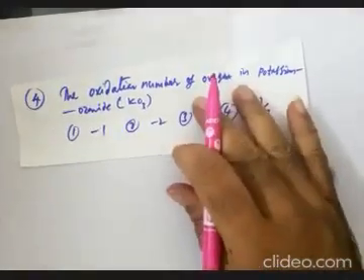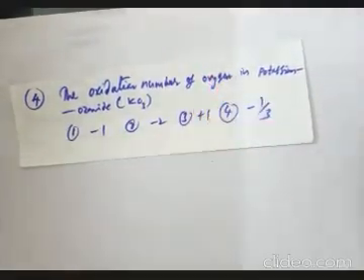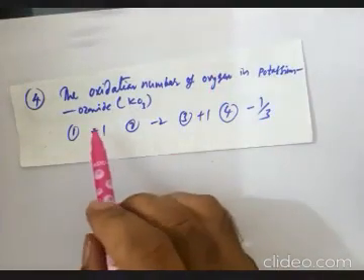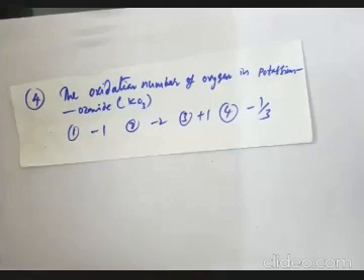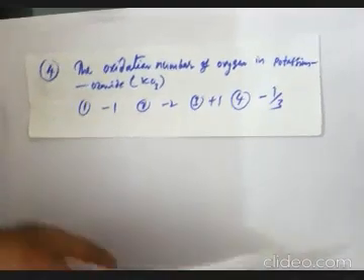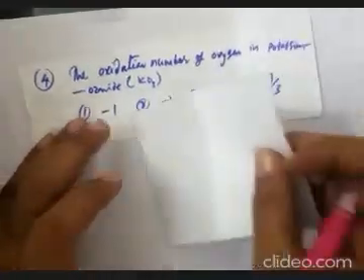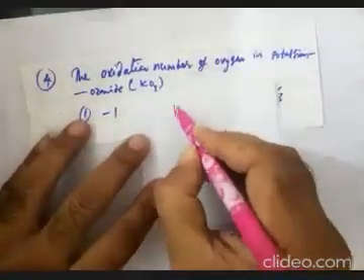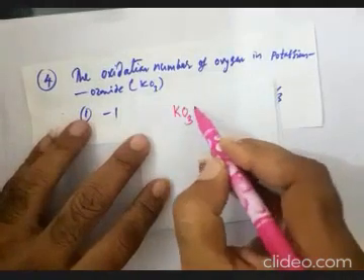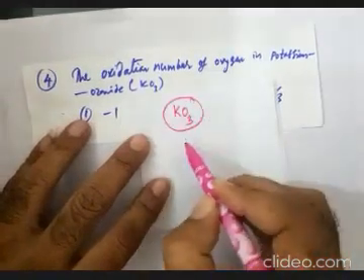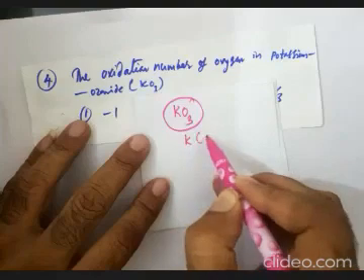Now, this is the oxidation number of oxygen in potassium ozonide. Potassium ozonide formula is KO3. This one is very easy to get idea. Potassium belongs to first A group.